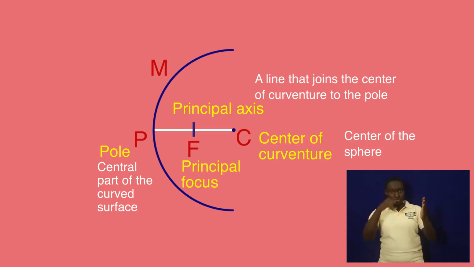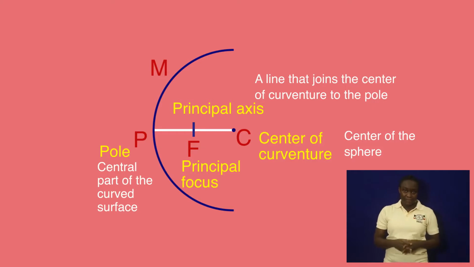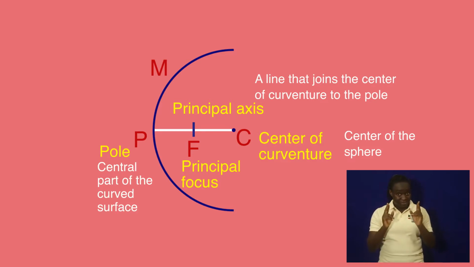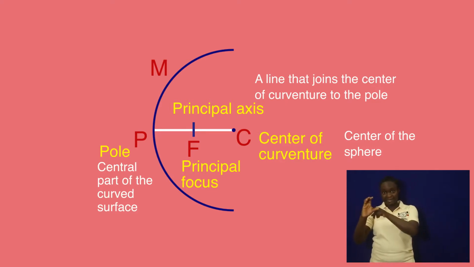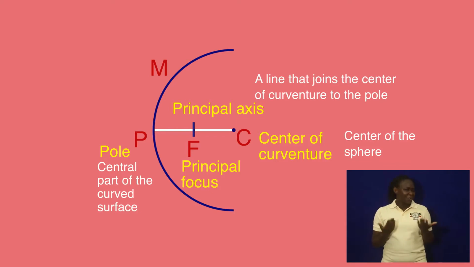We shall draw rays to define principal focus. So for today, the lesson will end here. We shall stop with defining the pole, the principal axis, and the center of curvature. And I also believe that we are remembering what the convex and concave mirrors are.